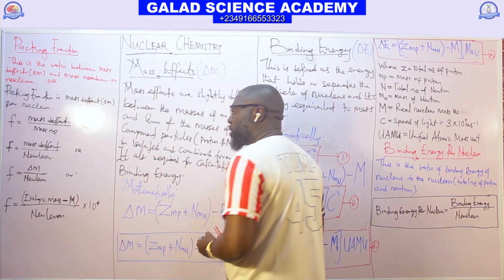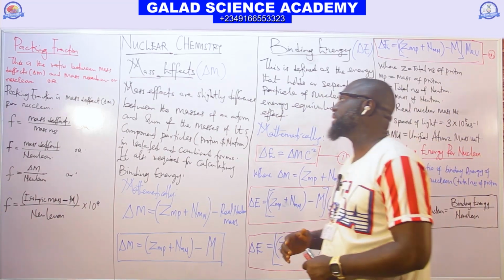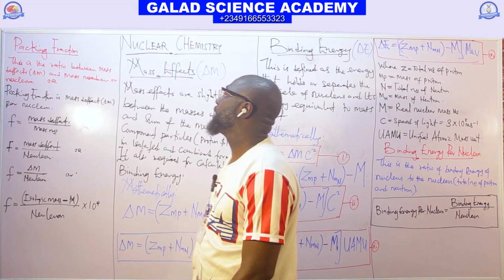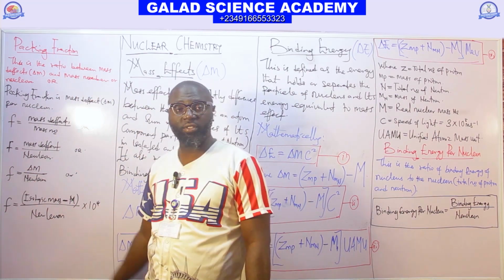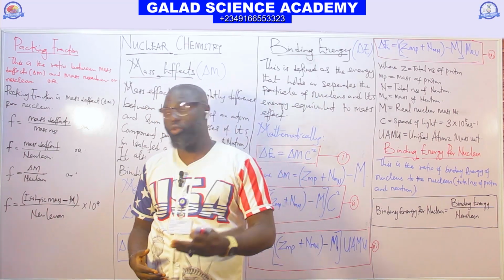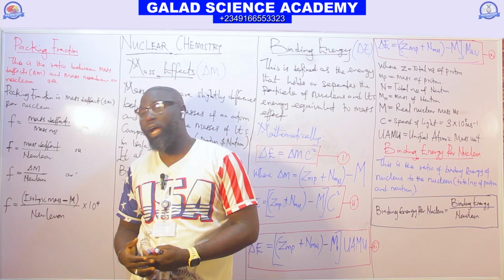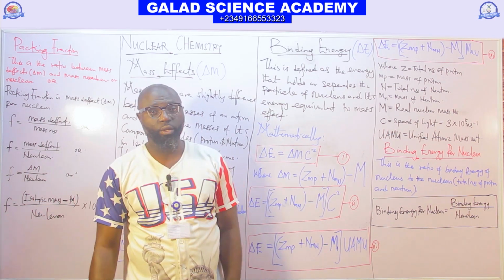This is packing fraction. So under mass defect, binding energy, binding energy per nucleon, and the packing fraction, we have this. So let us look at how to use all these formulas to tackle physics problems.